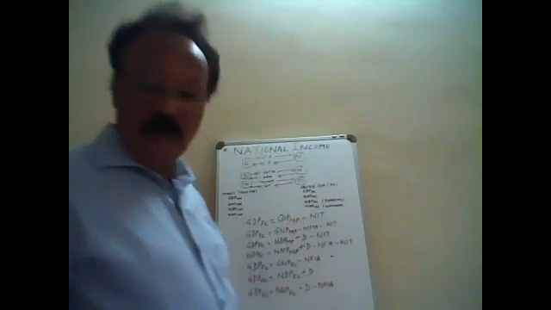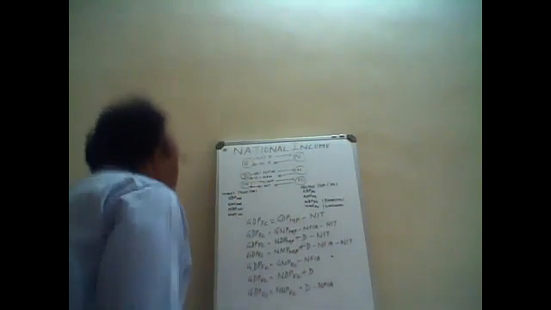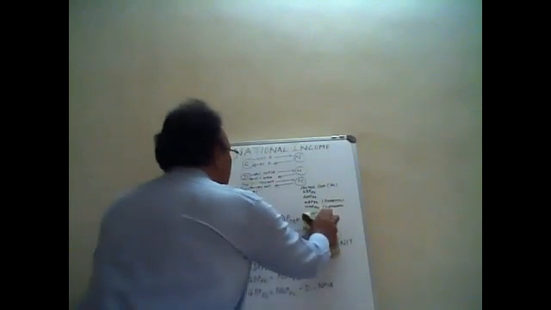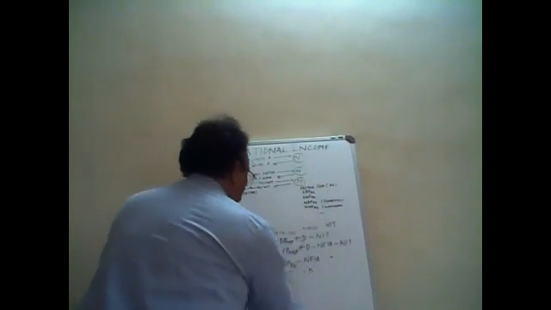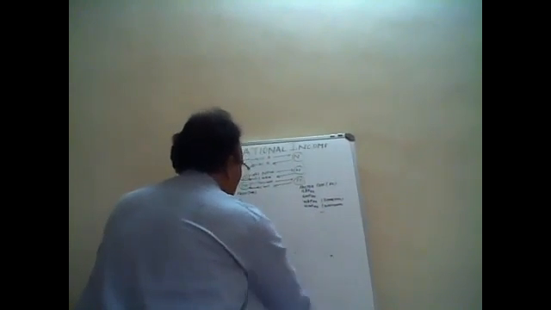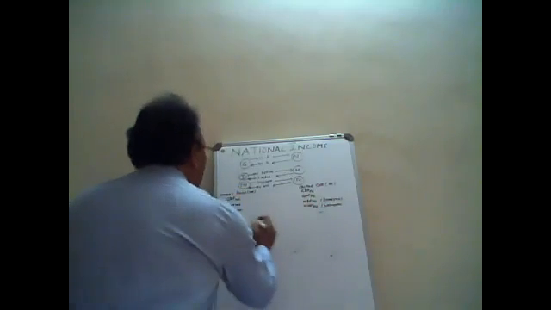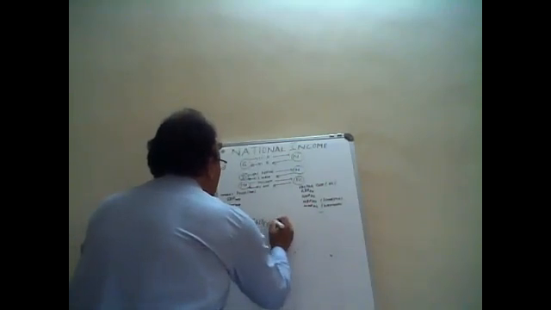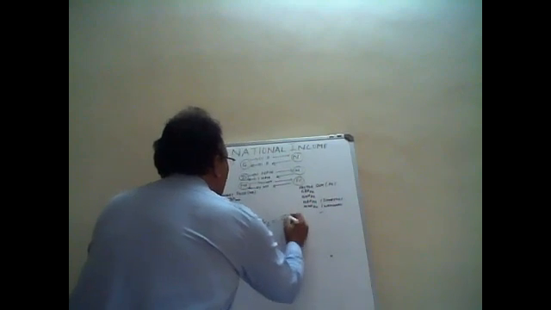GNP at factor cost. Let me do one more and then I'll leave you to practice at home. Now I'm taking GNP factor cost when GDP market price is given.